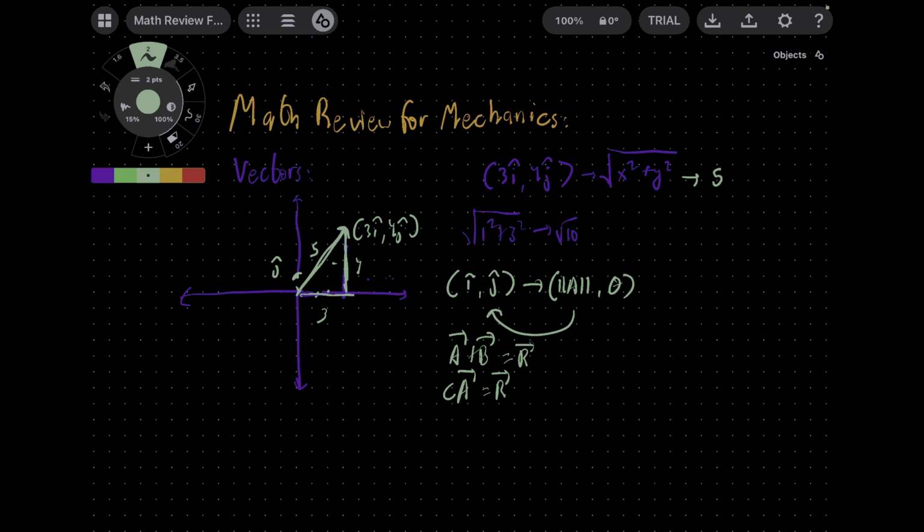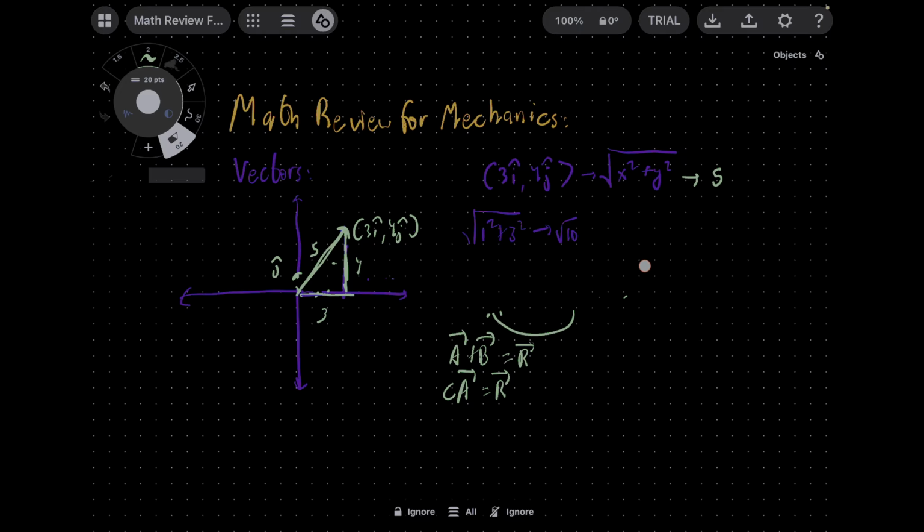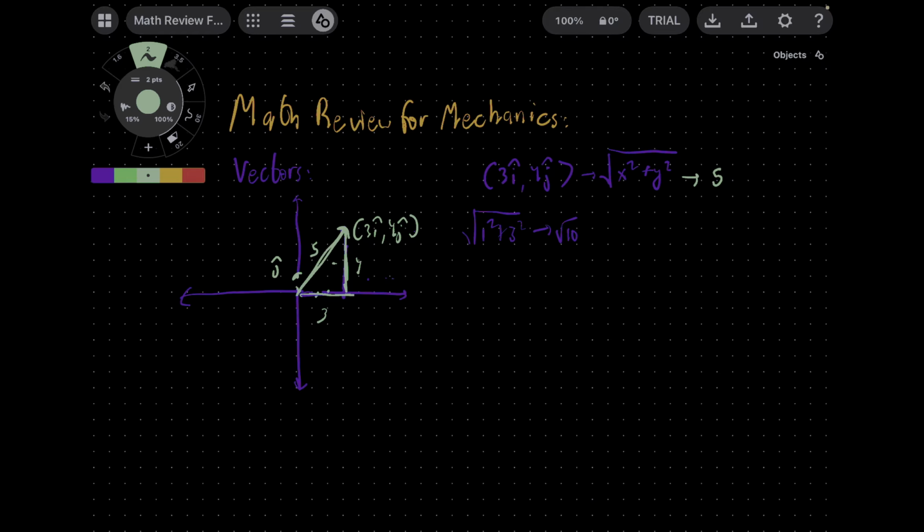If we know the magnitude, we have x is equal to magnitude, so the a, multiplied by cosine theta. So theta is equal to cosine inverse of x divided by the magnitude.